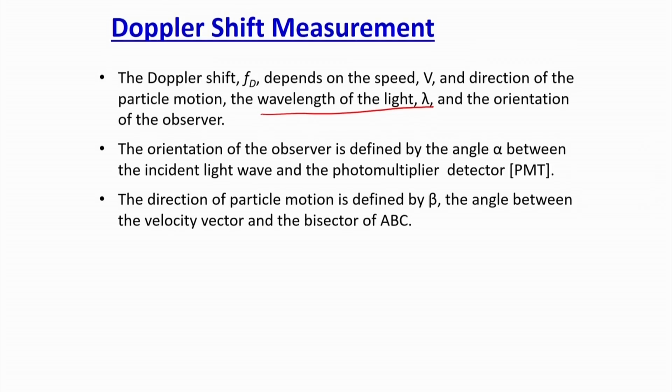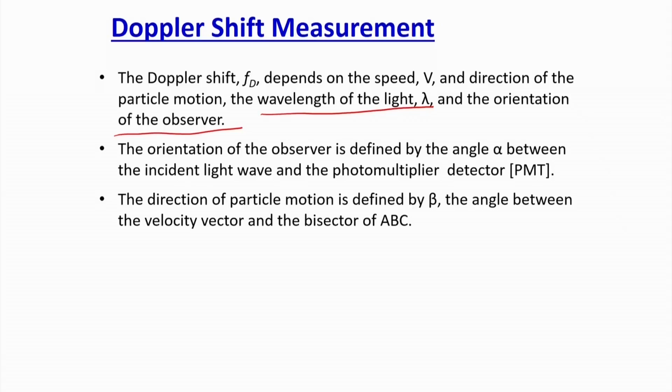If you are moving the opposite way, the Doppler shift will be high or the intensity will be higher. So, it depends on the direction, and it also depends on the wavelength of the light. Therefore, for the LDA you need to choose a proper wavelength of light to improve the signal to noise ratio, and the orientation of the observer, that is, at what direction you have oriented the observer, and we will discuss that.